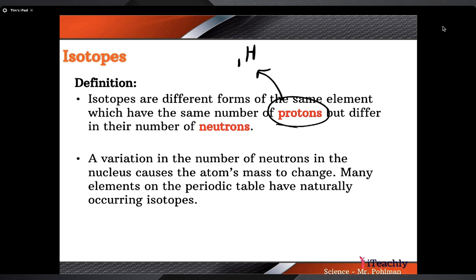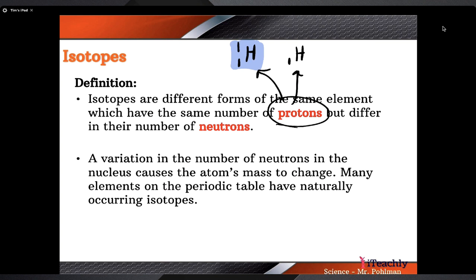Hydrogen has a twin brother or sister, and it looks exactly the same. The difference between these two hydrogen siblings is that hydrogen 1, this one right here, has no neutrons in the nucleus of its atom. So its weight on a bathroom scale would simply be 1 atomic mass unit.